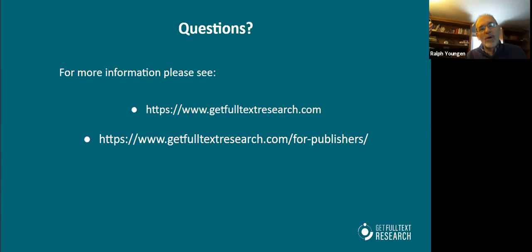And depending on the institution, you might get access through the aggregator, or you might get access from the publisher. So we do have to build that logic into GetFTR, and that's what we're working with the aggregators on right now.